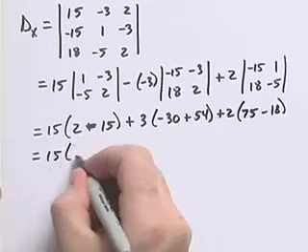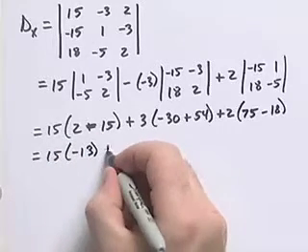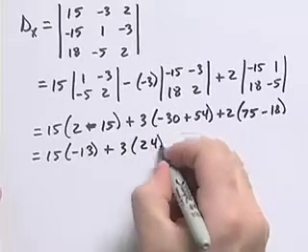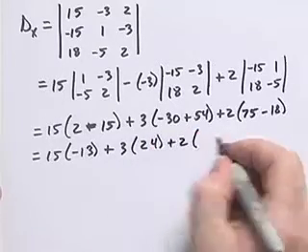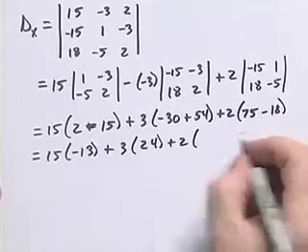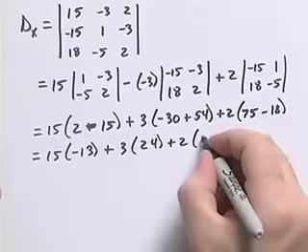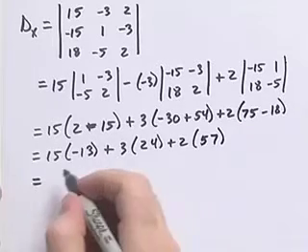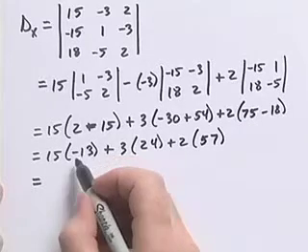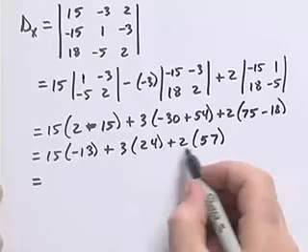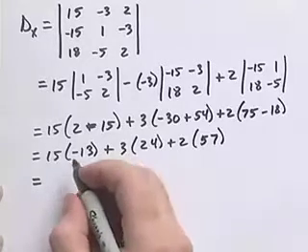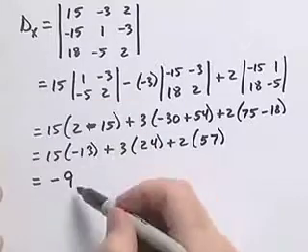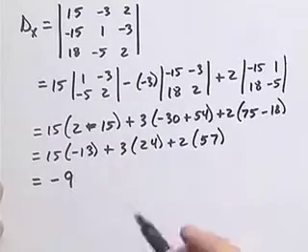So here we'll have 15 times negative 13 plus 3 times 24 plus 2 times 75 minus 18, which will be 57. 15 times negative 13 plus 3 times 24 plus 2 times 57. If we evaluate that, it will get us negative 9. So Dx, the determinant for x, will be negative 9.